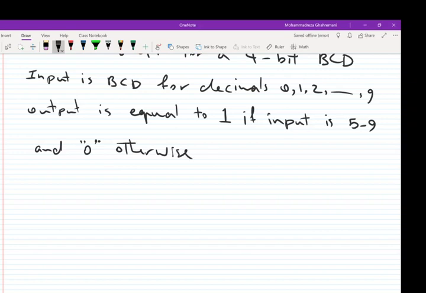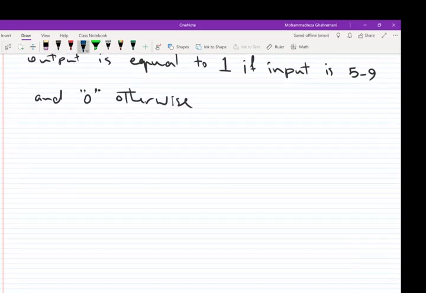So we want to design a circuit which gets the BCD inputs for 0 to 9. The output is 1 if the BCD is equal to 5 to 9, and the output is 0 otherwise. Okay, let's design this circuit.